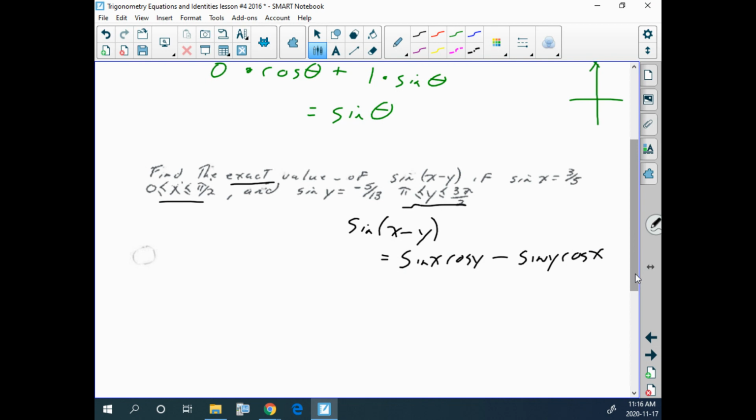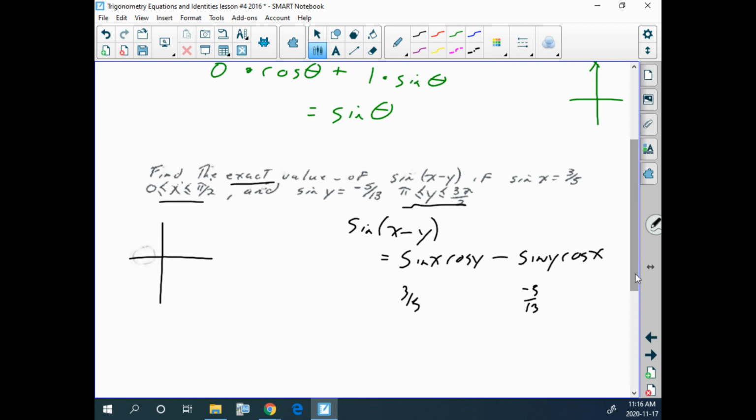Now, that means I've got sine x, I could put 3/5 here, and I could put negative 5/13 there. Questions? Did I make a mistake? I don't have cos x and I don't have cos y. But we're going to go back to the strategy we used last unit.